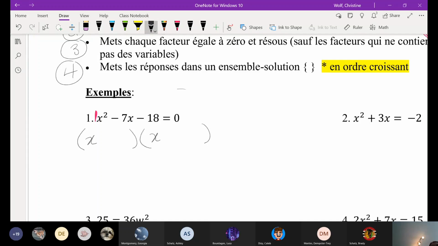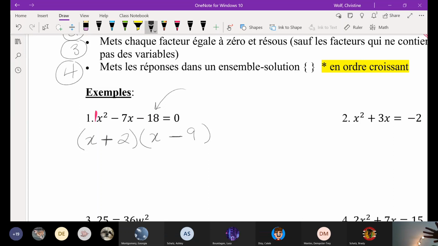Pour méthode 3, on pense d'une manière de multiplier pour 18. What two numbers multiply for 18? Mais aussi peut te donner une somme ou différence de négative 7. So quelqu'un d'autre? 2 et 9, merci. Was that Peter? Thank you, Peter. So 2 et 9 comme ça. Et pour les symboles, parce que je veux que ça multiplie à une négative 18, mais soustrait à une négative 7, c'est positif, négatif comme ça.